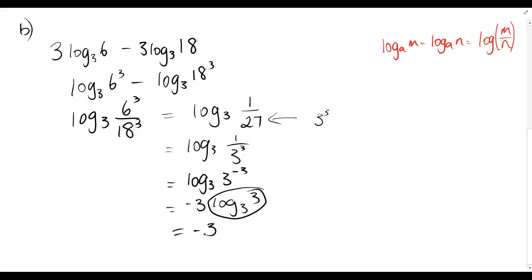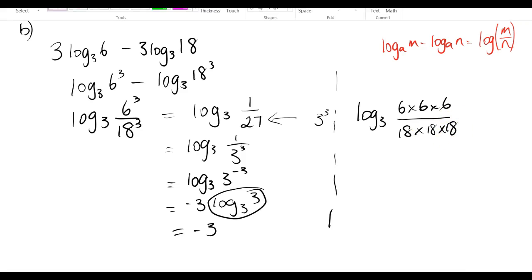Now, in your book, they don't solve it this way. They solve it by looking at the expanded forms of the question. So let's have a look at that method as well, because it's good to see. So if I've got log base 3 of 6 times 6 times 6 over 18 times 18 times 18.